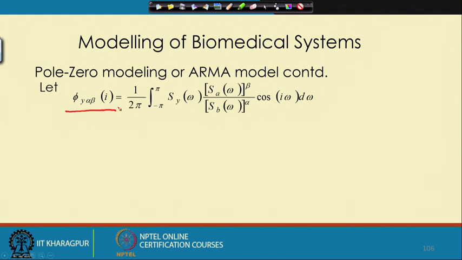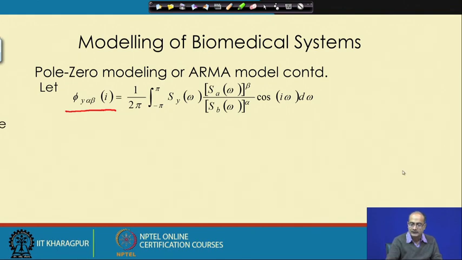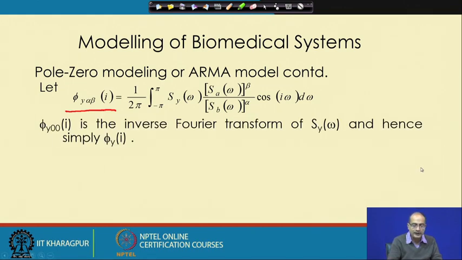The only thing we have done is use alpha and beta to take the power: in the denominator, S B has the power alpha, and in the numerator, S A has the power beta. That is the special thing we have done.